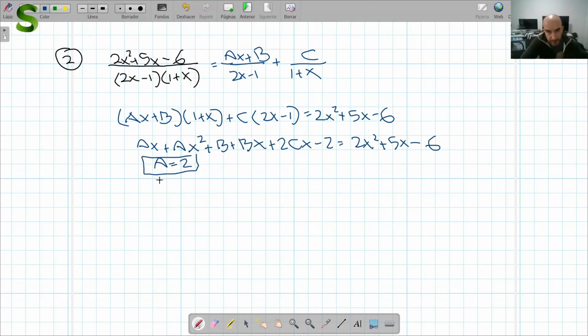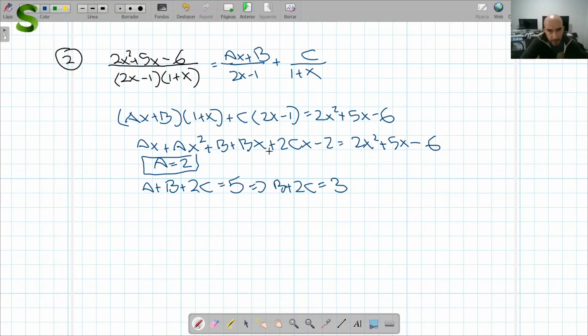Then in x we have a plus b plus 2c equals 5. And as a was 2, we know b plus 2c equals 5 minus 2 equals 3.